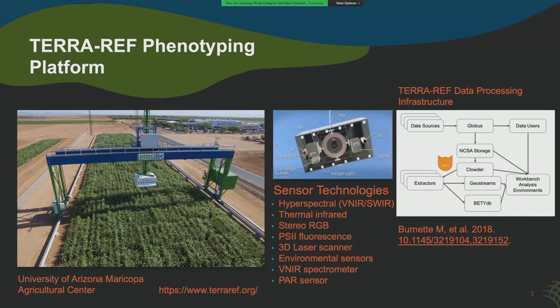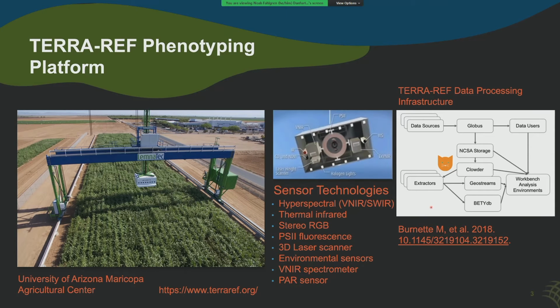And the sensor container that's on this crane contains a variety of imaging technologies, such as visible, near-infrared, and shortwave infrared hyperspectral imaging, thermal infrared, stereo RGB, chlorophyll fluorescence, 3D laser scanner, and then a variety of environmental sensors to look at the local environment. So Clowder was a key component of the data infrastructure for this project.